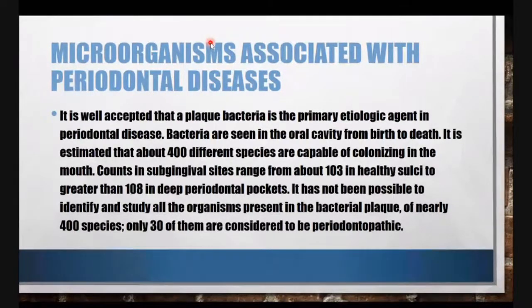It has not been possible to identify and study all the organisms present in the bacterial plaque. Of nearly 400 species, only 3 of them are considered to be periodontopathic.